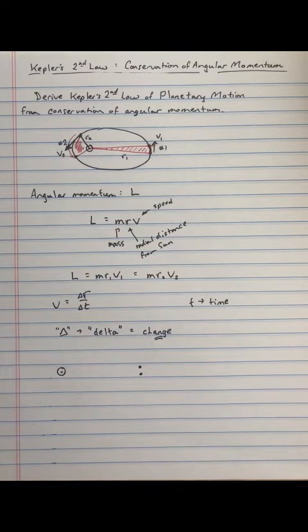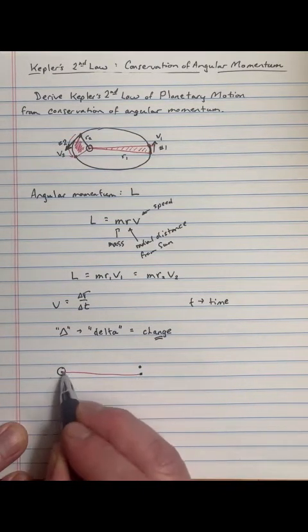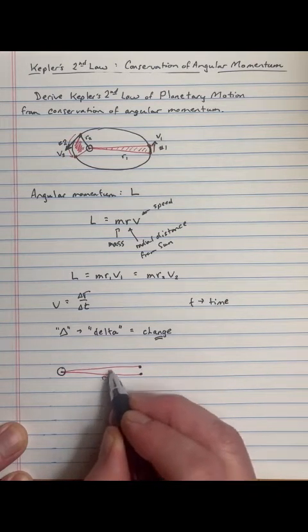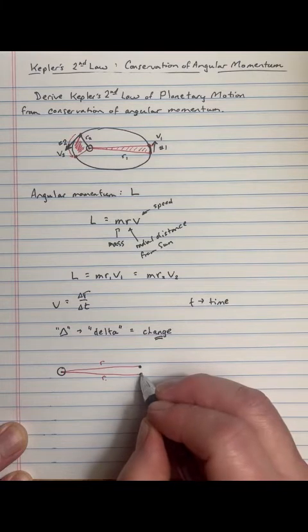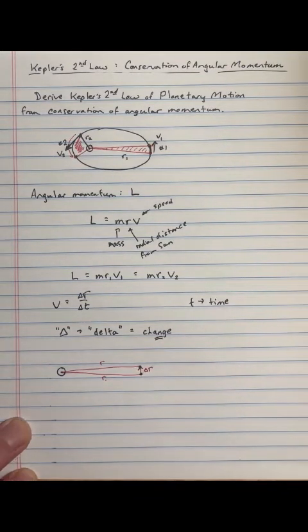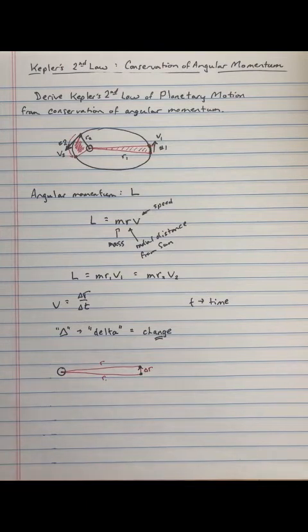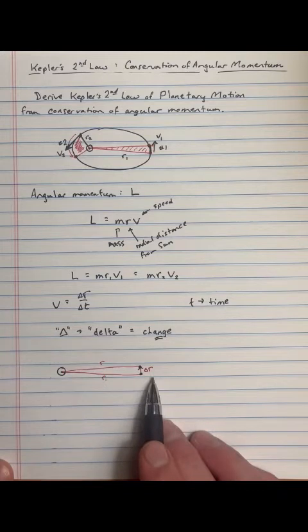For this small amount of the journey, we'll assume that these r's don't change much from here to here, so that'll be about the same. But there is a definite change in position, which we can call delta r. Now, if you look carefully, this looks like a familiar figure. It's called a triangle, right? Never mind my squiggly drawing. If I do a better job, those will be perfectly straight lines.